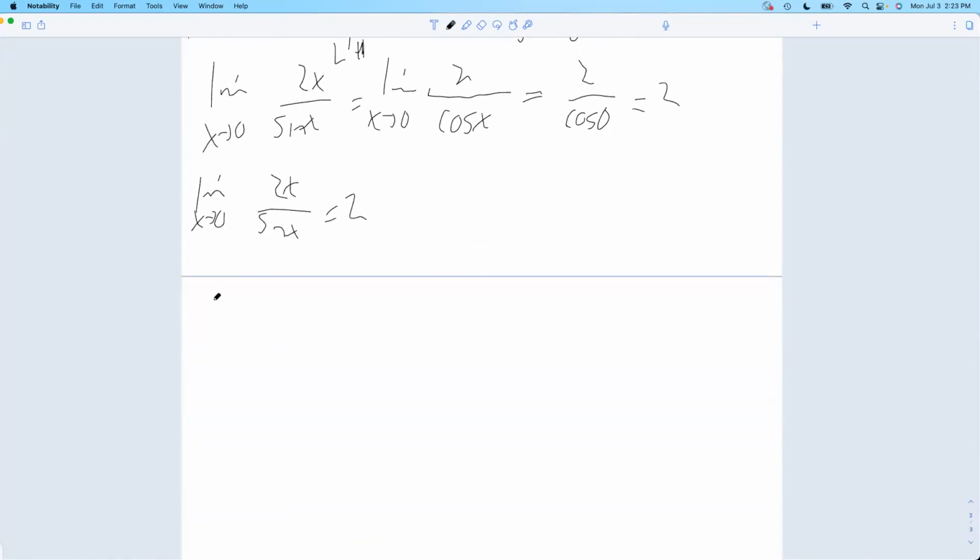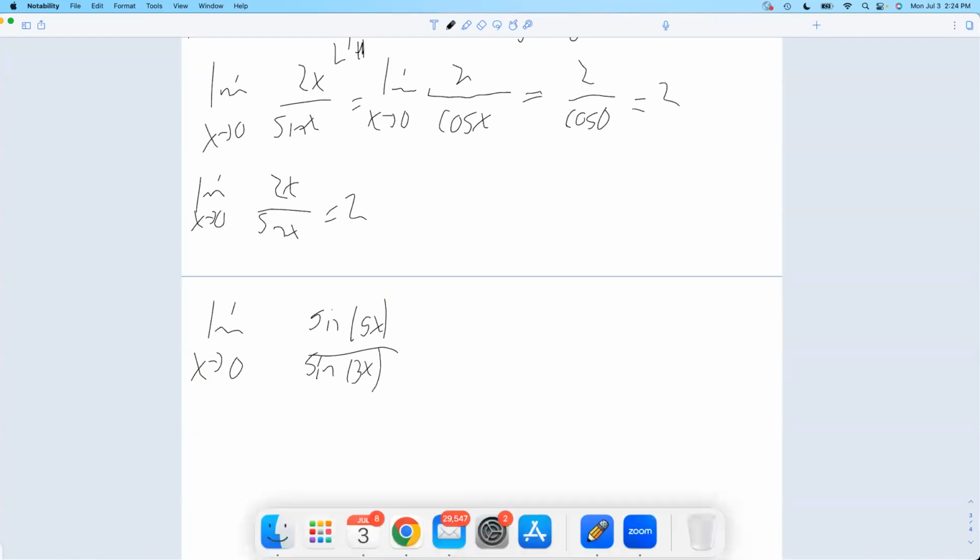Right, what if we had limit as x approaches 0 again of sine of 5x over sine of 3x. First thing we try, plug it in, see what happens.